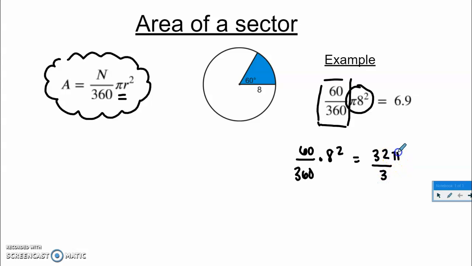And then you just leave the pi symbol in your final answer. So this is what it looks like when you do something in terms of pi. You basically just do the math for all the other numbers. You don't plug pi into the calculator at all. You just put the pi symbol on your answer.